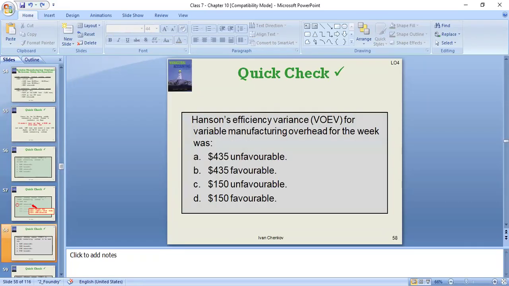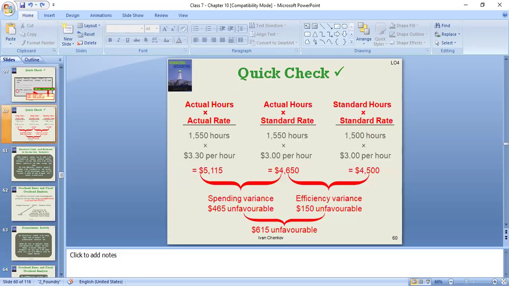And what was the efficiency variance? $150 unfavorable in our case. And this is the chart that we did on the Excel spreadsheet. And that concludes the direct material, direct labor, and variable manufacturing overhead.